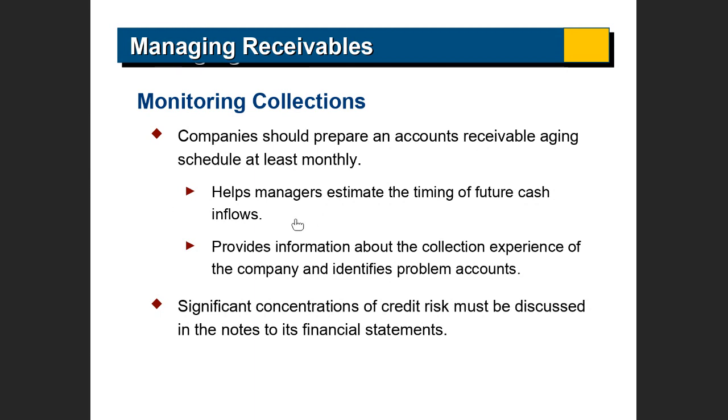So it helps the manager estimate the timing of the future cash inflows and provides information about the collection experience of the company and identifies problem accounts. So if you do this, you can look at last year's collections and see, okay, how many 60 days did we write off? How many 90 days did we write off last year?